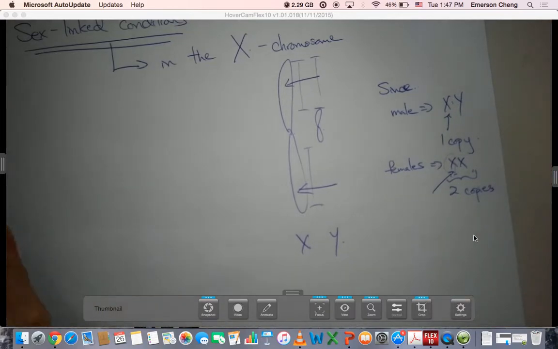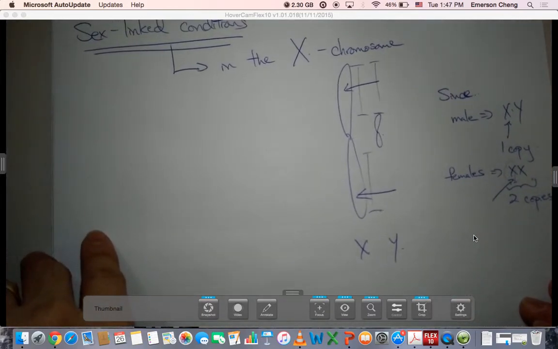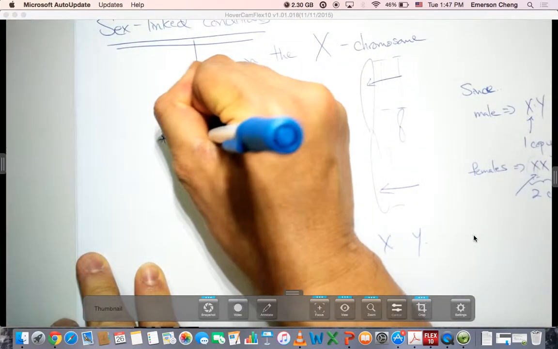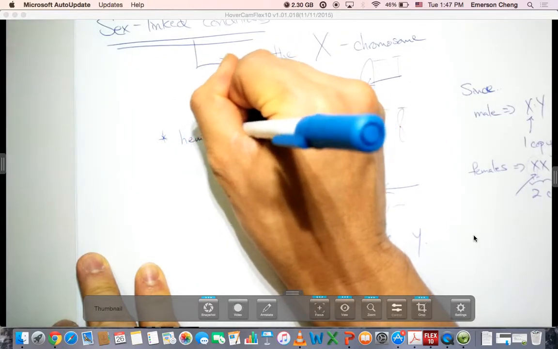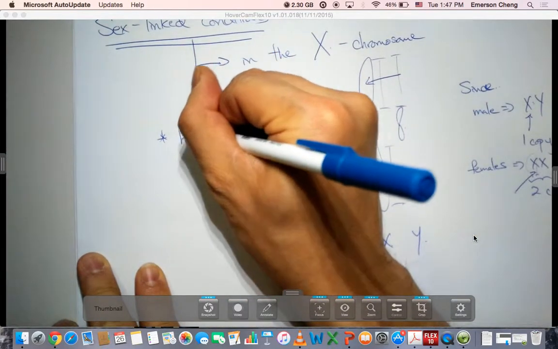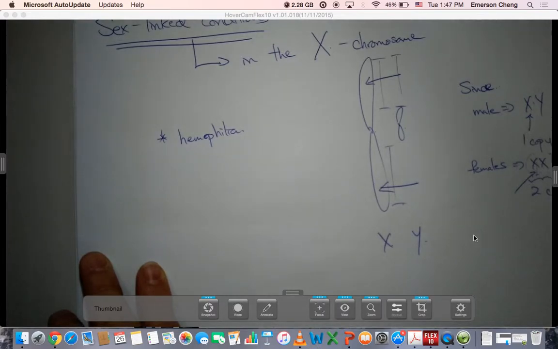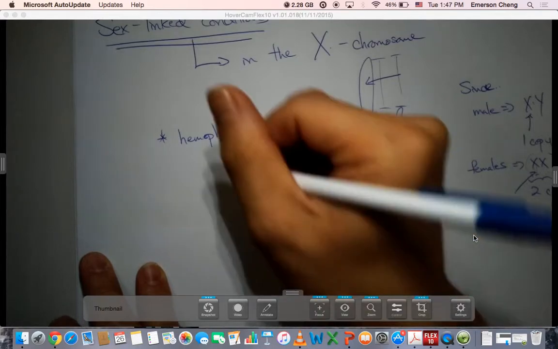The two disorders that we are talking about in this syllabus, one of them is hemophilia. What do you think hemophilia is related to? Not eyes. Blood, thank you.